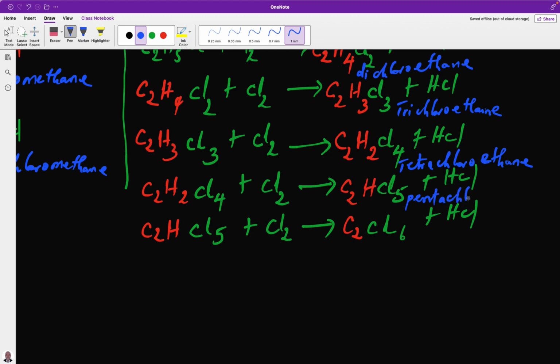Now, this pentachloroethane comes here and reacts again for the final substitution of the hydrogen atom, resulting in C2Cl6 plus hydrogen chloride, and we say it is hexachloroethane.